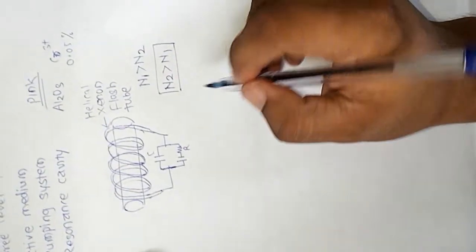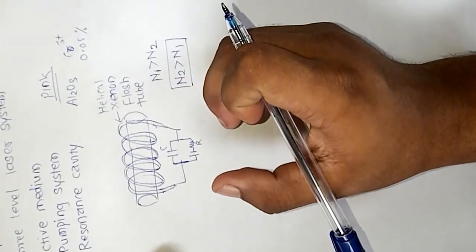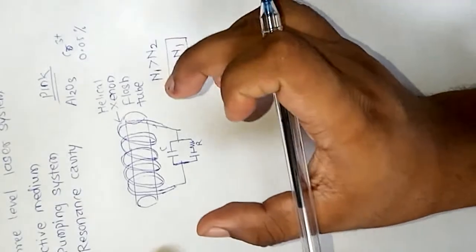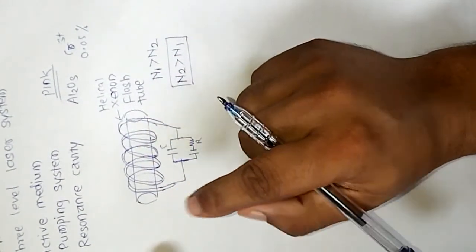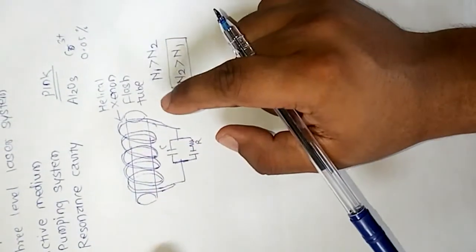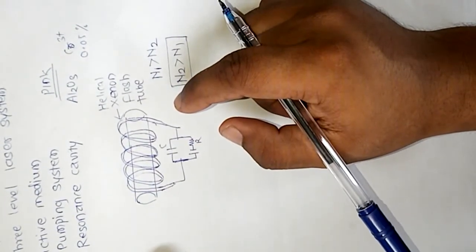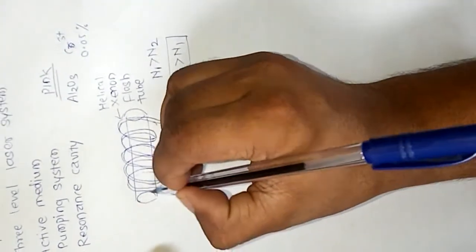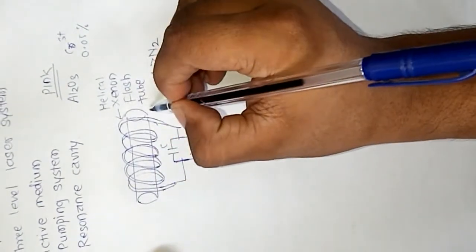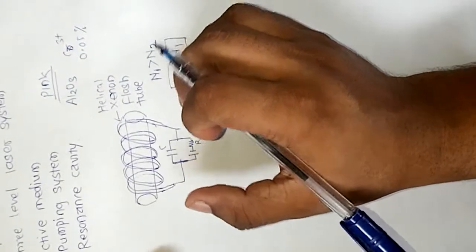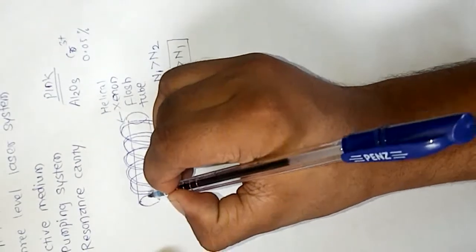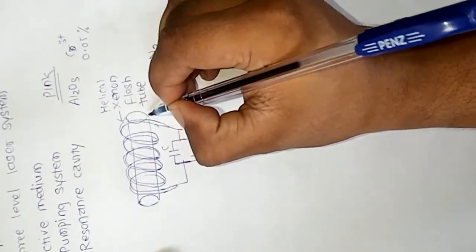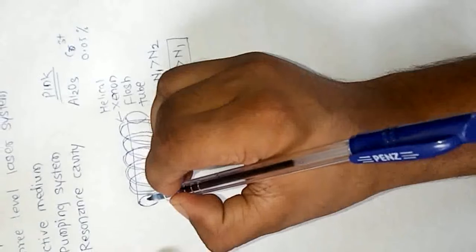Now we also require a resonance cavity. How do we make a resonance cavity? We place the active material between two mirrors such that one mirror is fully reflecting and the other is partially reflecting. But if we take this ruby rod, we don't require external mirrors to make the resonance cavity. We can also make it like this.